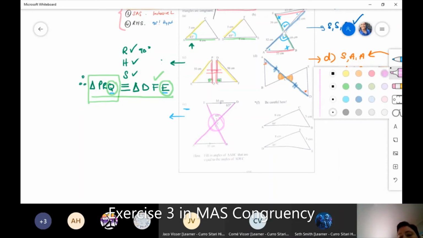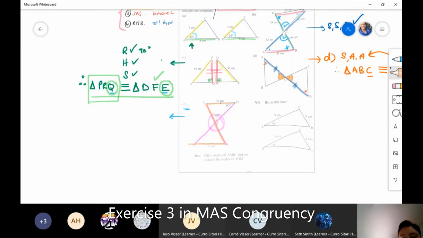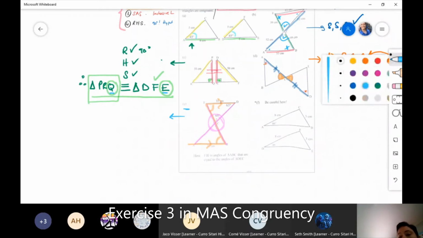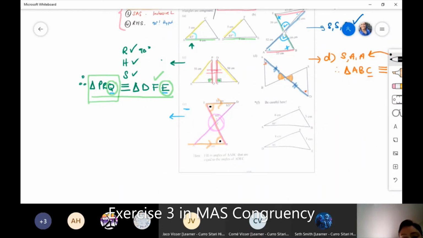And what else do we see in this one, we actually have parallel lines. So with parallel lines, we see that we have alternate angles, and that's something that you need to pick up now. You need to be awake for this. We have alternate angles. So that's our first little, we spot that. And then the fact that I already said we've got vertically opposite angles.